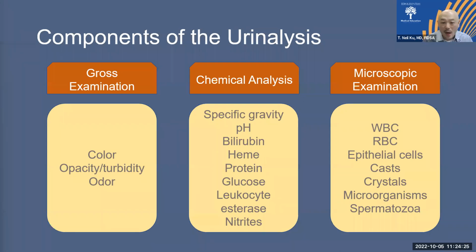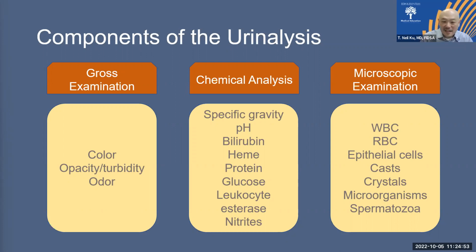They usually look for white blood cells, red blood cells, and epithelial cells, but other things can pop up: casts, red blood cell casts, white blood cell casts, various crystals, as well as microorganisms like bacteria, yeast, even parasites and protozoans such as trichomonas. Occasionally they also see sperm cells in there. So these are the components of a urinalysis.